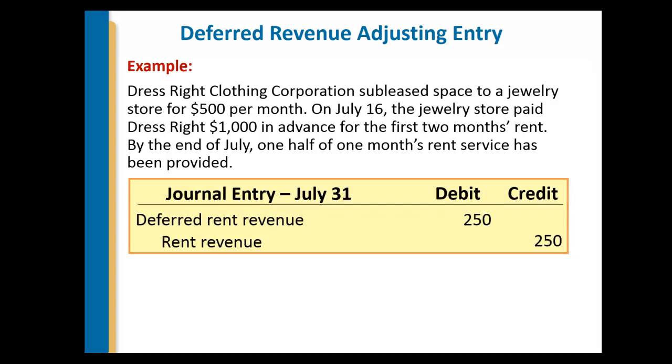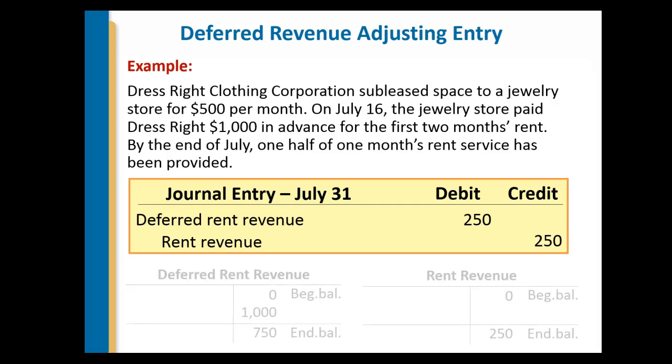So for Dress Right Clothing Corporation, the only deferred revenue in the trial balance is deferred rent revenue. Remember, the company subleased a portion of the building to a jewelry store for $500 a month. On July 16th, the jewelry store paid Dress Right $1,000 in advance for the first 2 months of rent. So the external transaction was recorded at that time as a debit to cash and a credit to deferred rent revenue.